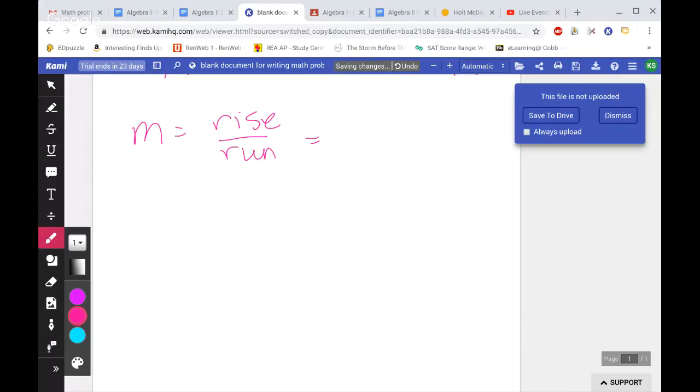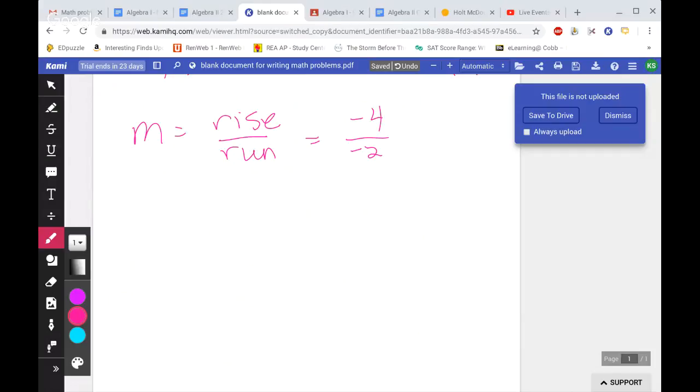So if you were starting from point 2, 2 and going down, you would have -4. But you would also be traveling to the left 2, so that would be -2. This is number 23, yes.